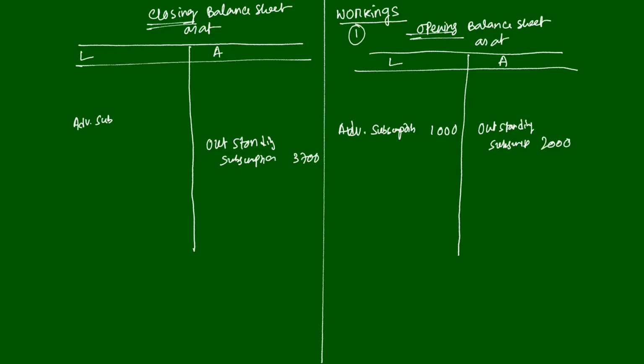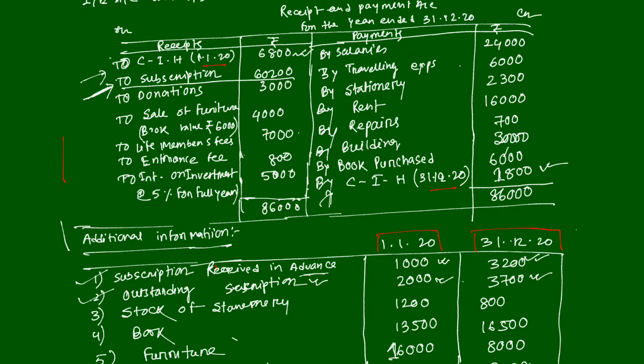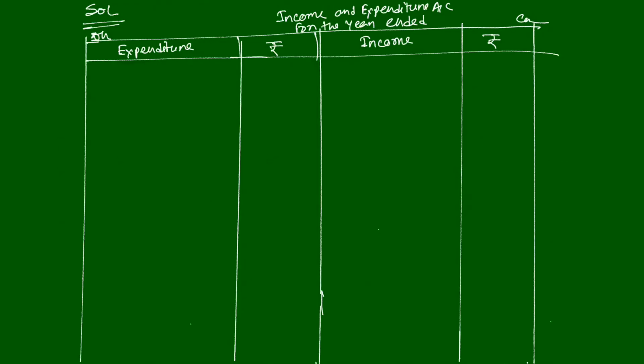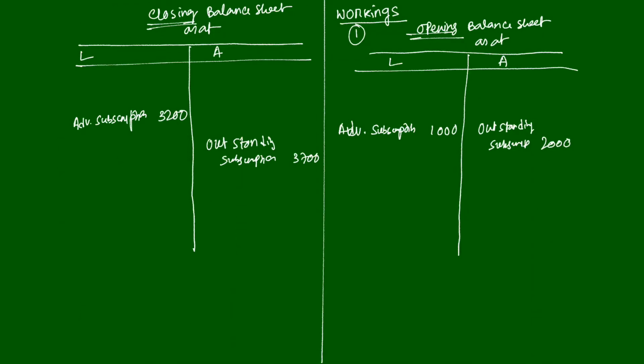Advance subscription in the closing balance sheet is 3,200. We see 3,200 and 1,000 written, and write them in a separate place. So we write the advance and the outstanding part.